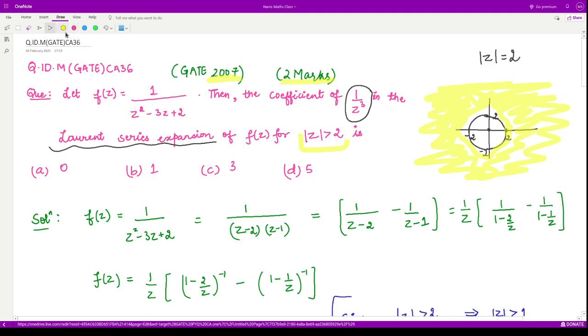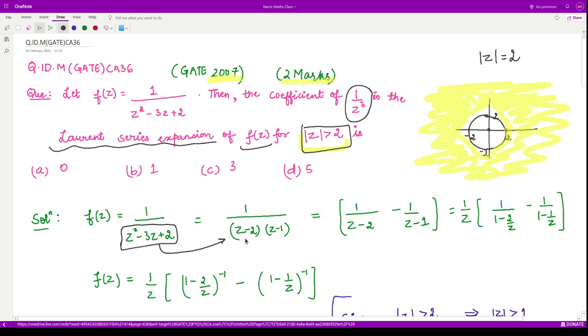So in this region we are to expand this function f of z in the Laurent series expansion. This is really important for this question, so pay attention. Here this is the function. This is a second order polynomial, right? So you could factorize this very easily.